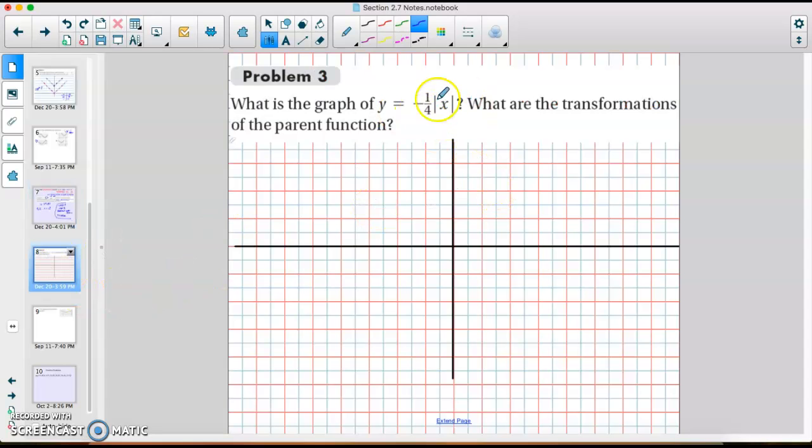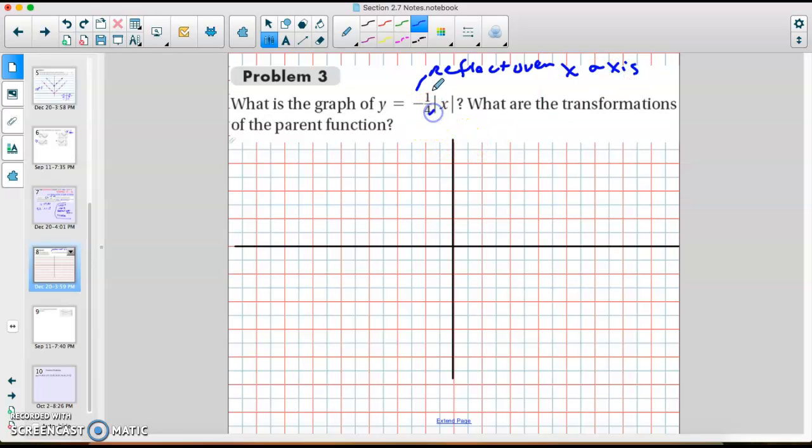Okay, so here we have what's the graph of this one, and then what are the transformations from the parent function. Well, right away we know the negative sign out here tells us that we're going to reflect over the x-axis, if you're confused what I mean by that.